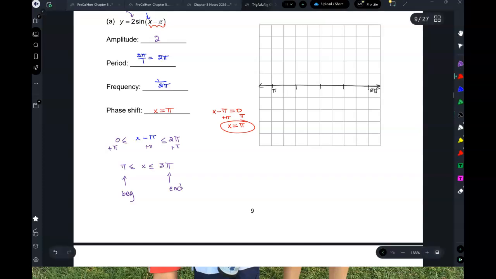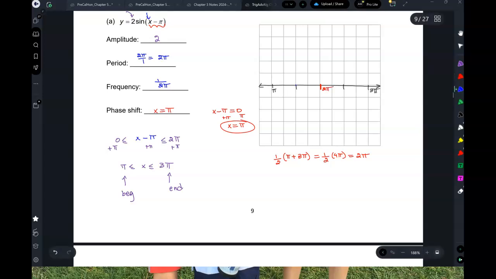Now, we have to find this middle. So what's the middle between pi and 3 pi? It's halfway between pi and 3 pi. So that's half of 4 pi, 2 pi.